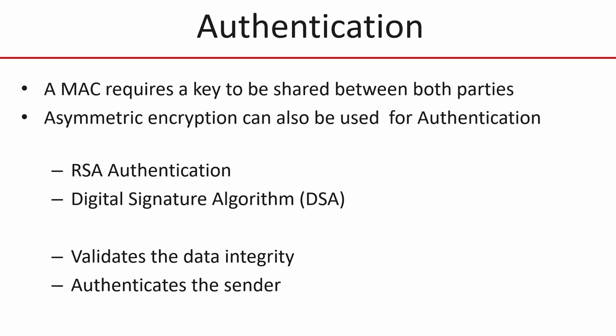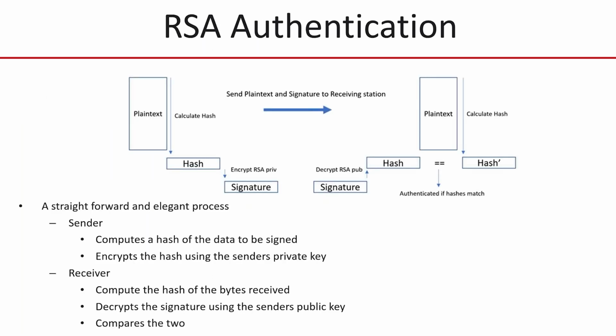Typically we can either use RSA for authentication or a separate digital signing algorithm. This will validate the data and authenticate who the sender was. With RSA, the way we calculate a signature is that we calculate the hash of our plain text. We can then encrypt that hash with our RSA private key, and this gives us a digital signature.